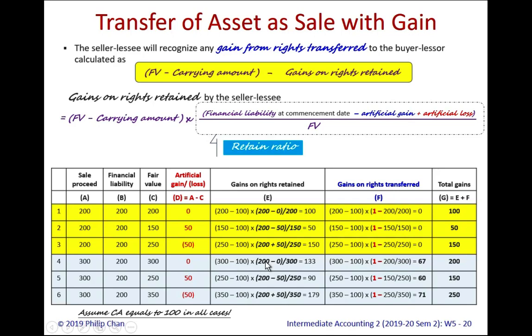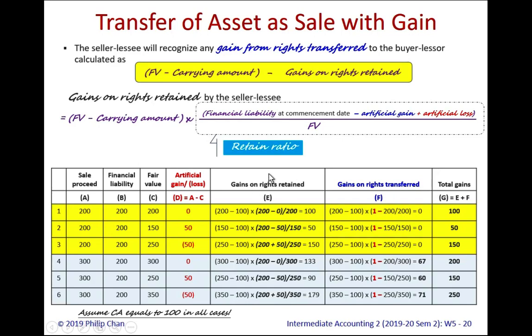Okay, and then we plug in financial liability adjusted for the gain or loss. If you have a gain, you minus. If you have a loss, add. Divided by fair value. 350, 250, 300. Then you have 133 for number 4, 90 for number 5, 179 for number 6. Then remember, your gains on rights transfer would be simply applying the formula, right?